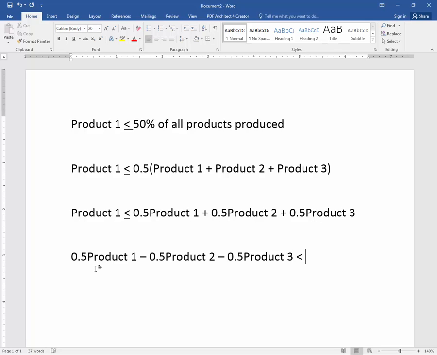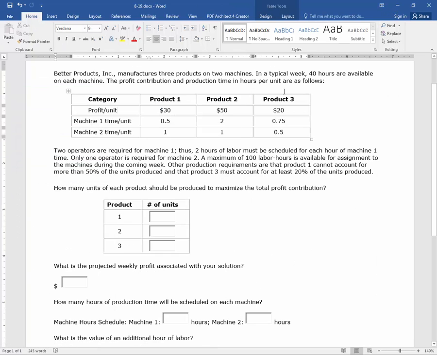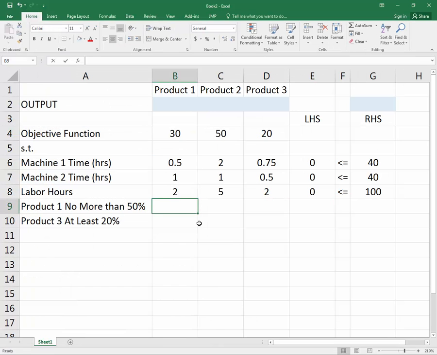And it'll be less than or equal to what's left on the right-hand side, which is just 0. So we have 0.5, negative 0.5, negative 0.5, less than or equal to 0. So now I ought to be able to enter 0.5, negative 0.5, negative 0.5, and drag this down, less than or equal to 0. Alright.